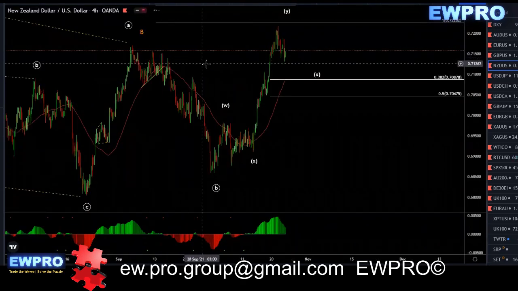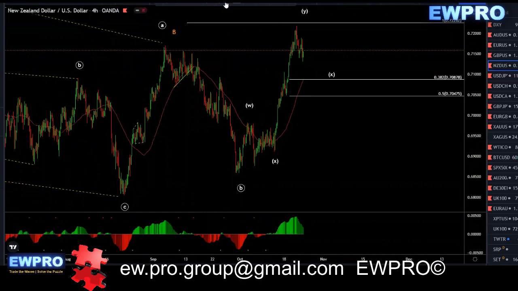On the H4, I had to look at it as an A, B, C, because this C down on the daily didn't break the low. I have to look at it as an A, B, C in here. And it's nearly got to that 100 fib, your first target. So in this last wave, we're looking at a W, X, Y. So look for that X2 down, back down to this 38.2.